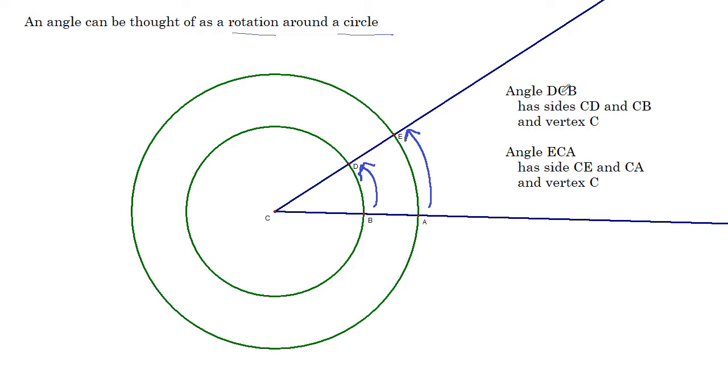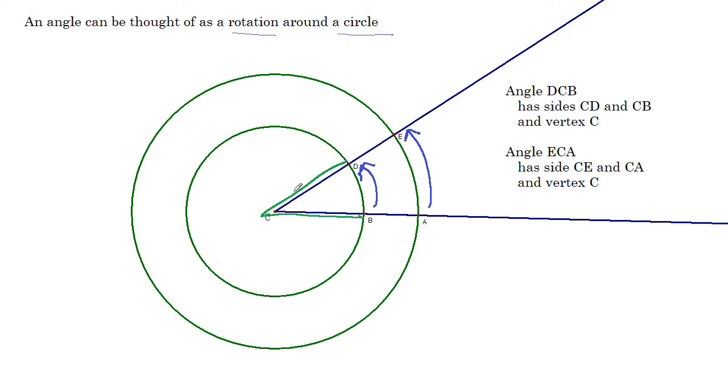I wrote down angle DCB has sides CD and CB and vertex C. So if you know the parts of your angles, an angle has two sides and one vertex. And if I want to find angle DCB on here, I can trace this: start with point D, then what's next is C, so follow C, and then go to B. So right here, this is the angle I just traced in green.